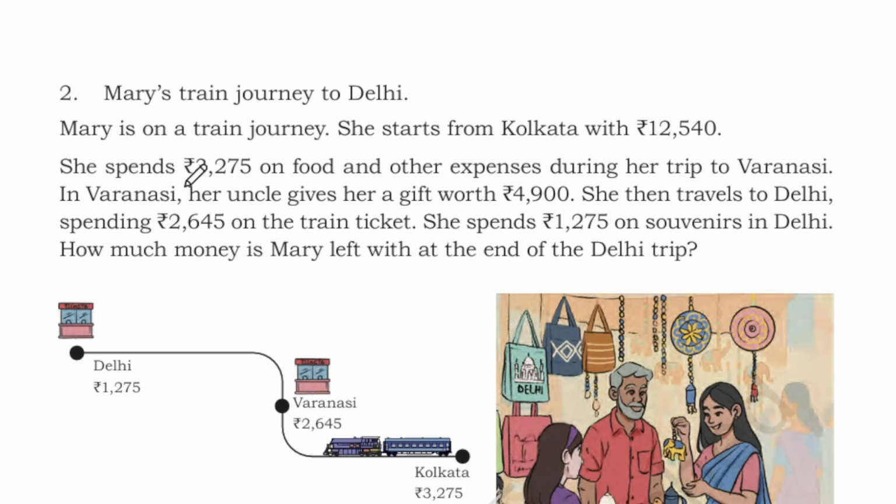Then she traveled to Delhi, spending 2,645 on train ticket. She spends 1,275 on souvenirs in Delhi. How much money is left with Mary at the end of the trip? Now we can calculate. I'm going to take this to an empty paper.